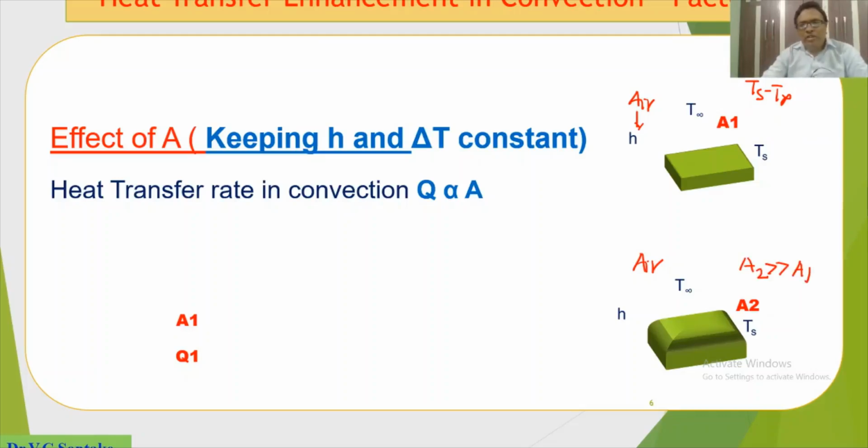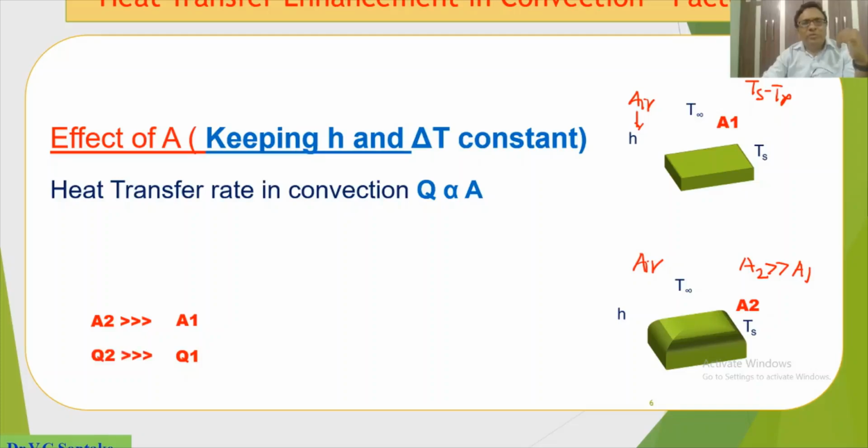So here we are keeping the h value constant because the plate is exposed to the same fluid. Here we are also keeping delta T constant because in both cases the surface temperature is the same and the fluid temperature is the same. So what happens? The surface area in the second case is more than the surface area in the first case.